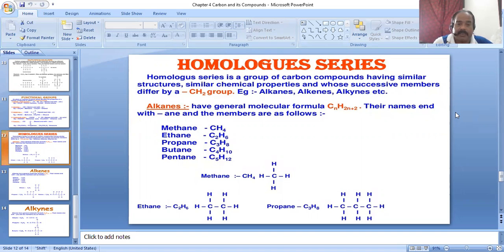And today our topic is homologous series. A homologous series is a group of carbon compounds having similar structure and similar chemical properties, whose successive members differ by a CH2 group, like alkanes, alkenes, and alkynes.